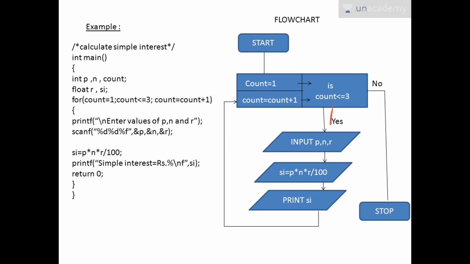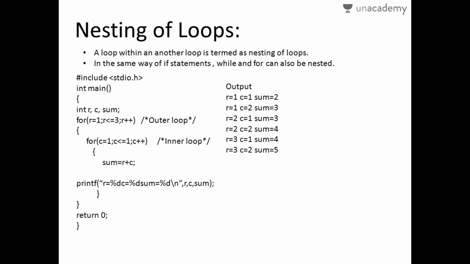If the test is true, you give an input, calculate simple interest, and then print. Once this is done, you again increment the value. The same procedure happens if the condition is true, otherwise we go for a false condition and finish the program.